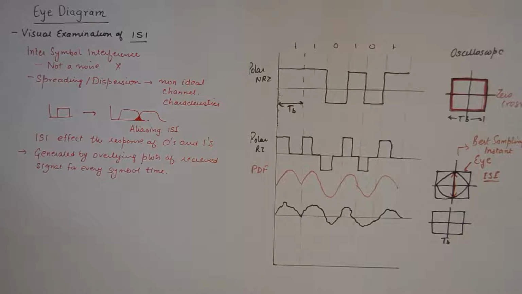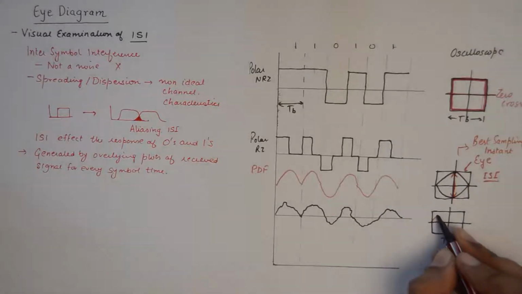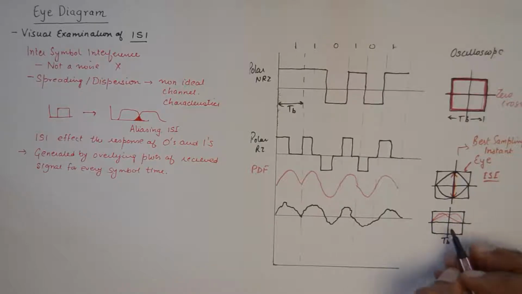it will look different. So for the first one it will be something like this, for the second one it will be something like this, for zeros it will be this and this, and the next one would give me this.